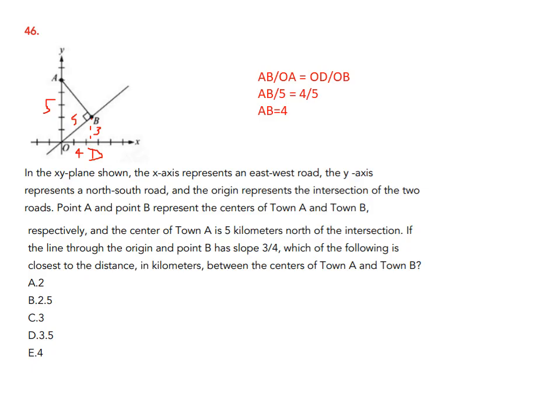And OB is the third side, and in the same way, OA is also the third side. So AB divided by 5 because OA equal to 5, and OD by OB equal to 4 by 5. So we get AB equal to 4. So our answer will be option E. The distance between the centers of town A and town B is 4 kilometers.